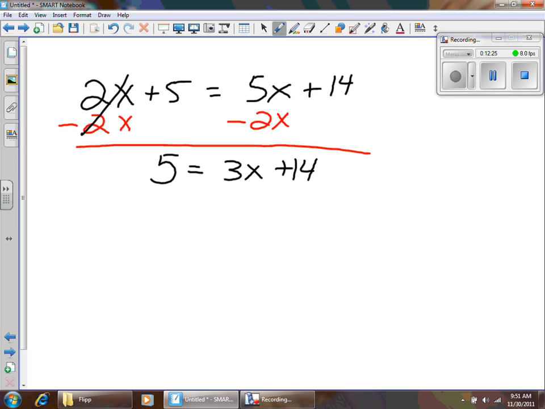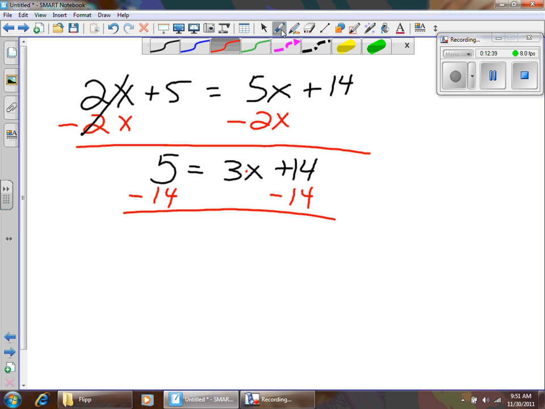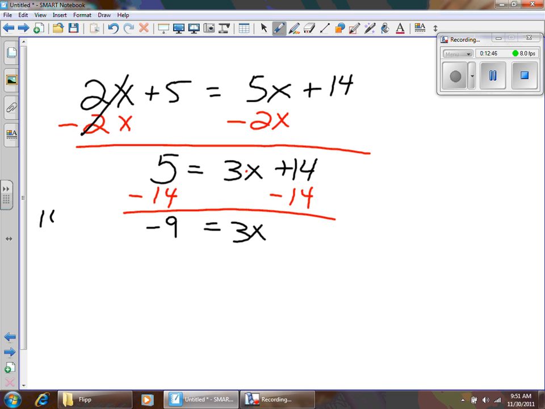Okay, now I have a two-step equation. I've got a 3 attached by multiplication to x and a 14 attached by addition. I will subtract 14 from each side. Okay, 3x will equal negative 9. How did I know that? Because I know that 14 minus 5 equals 9.